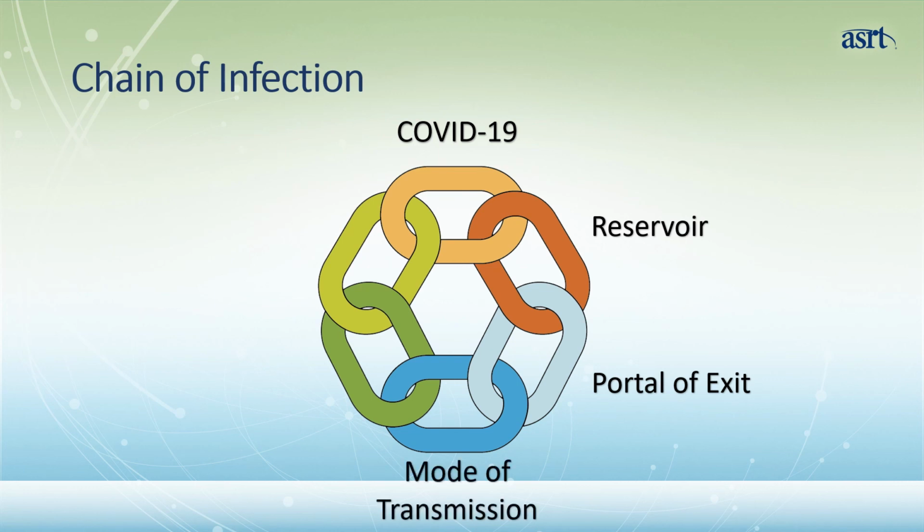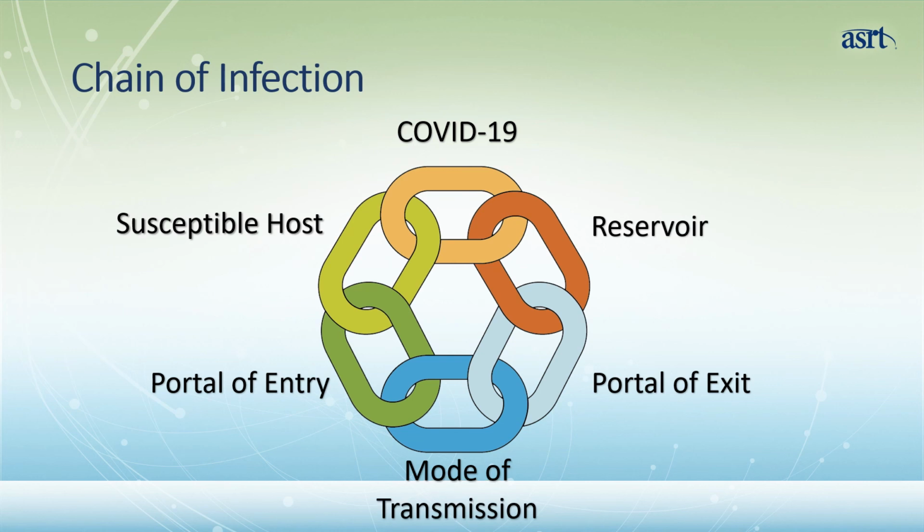The primary mode of transmission for COVID-19 is suspension of viral particles in respiratory droplets. The next link in the chain of infection is the portal of entry into a new susceptible host. For COVID-19, inhalation into the lungs or respiratory droplets passing through the mucous membranes of the nose and mouth are the primary portals of entry.